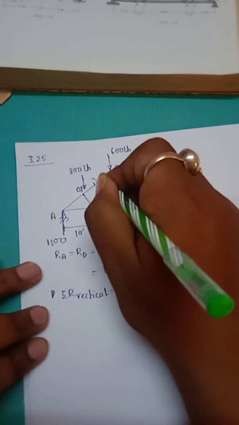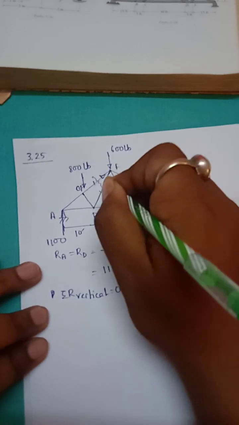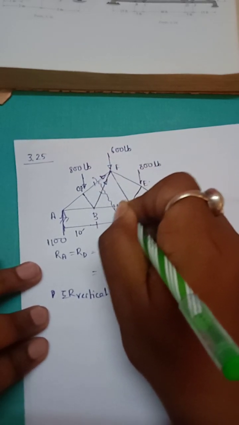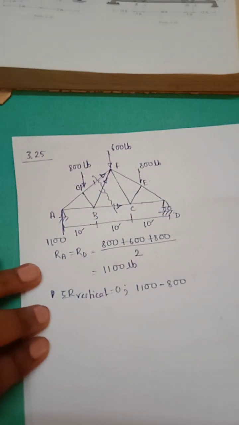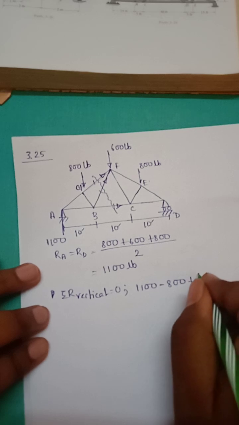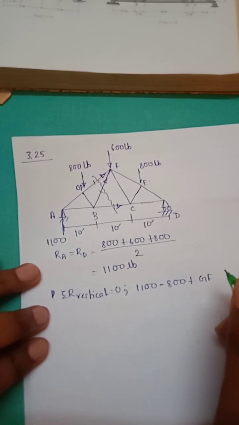GF, this will all be in positive direction, assuming tensile force. Component of GF in vertical direction will be in upward direction, so there is positive sign.